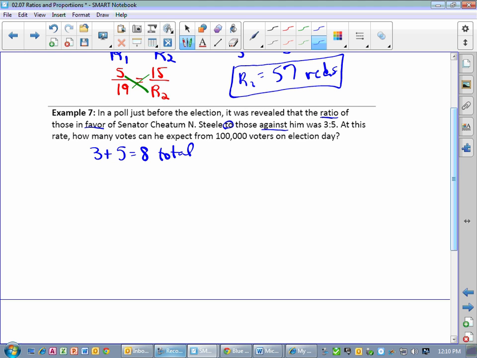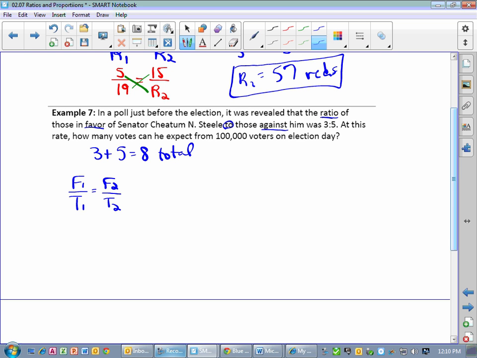So our ratio here will be those in favor, I'll use an F, to the total. Okay, because we're told there's 100,000 voters. Not 100,000 people against him, 100,000 total voters. So we have those in favor over total, so I'll say F1 over T1 equals F2 over T2.